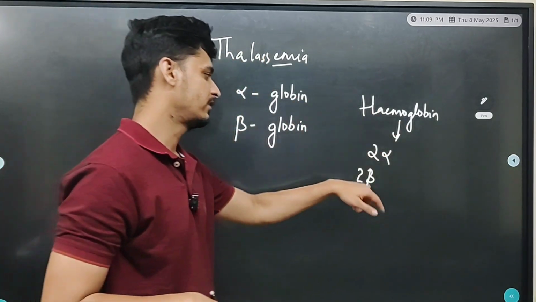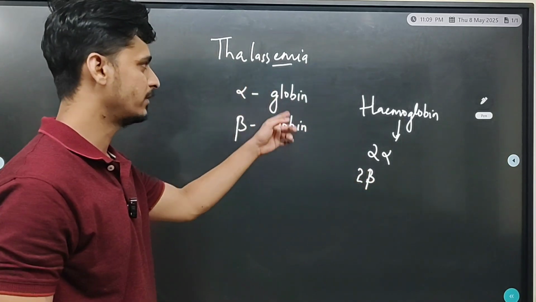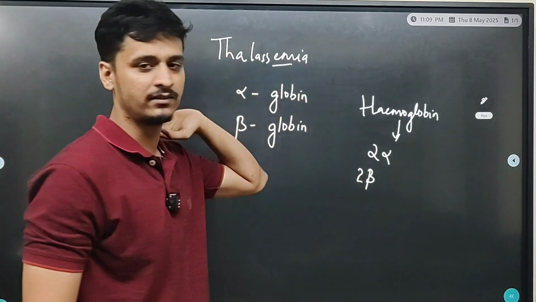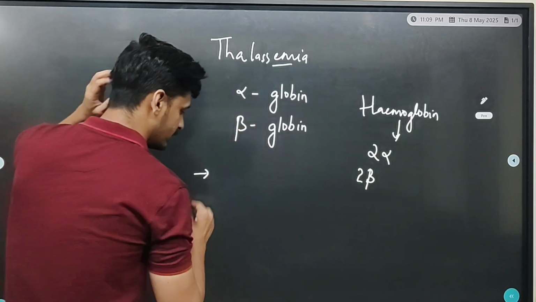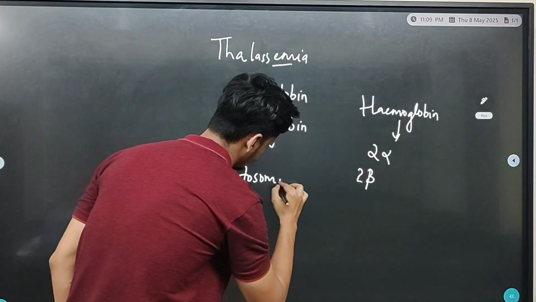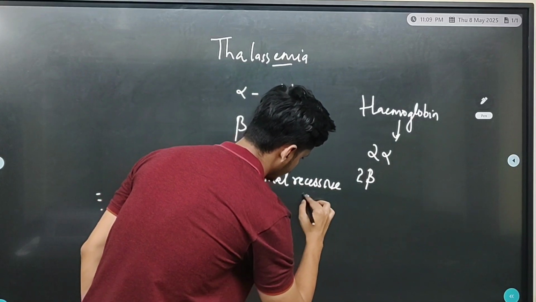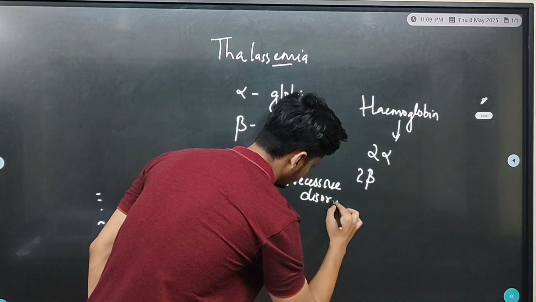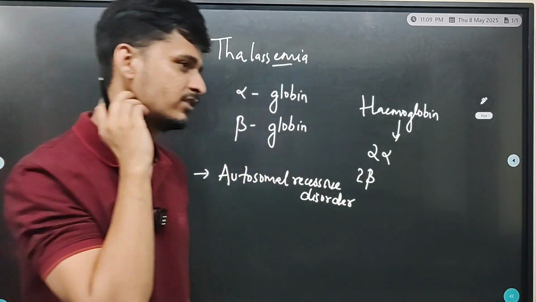If the beta chain is affected, there will be reduction in beta globin. So it will lead to alpha thalassemia or beta thalassemia. Right, so they are also autosomal recessive disorders.